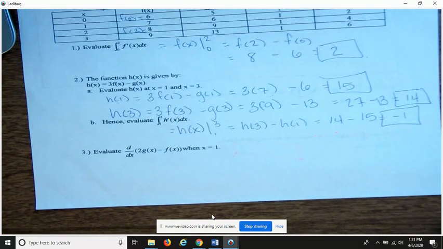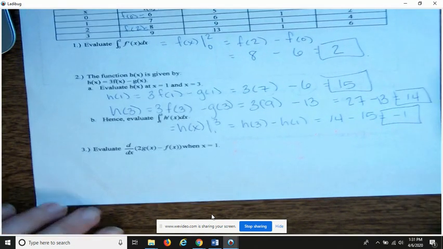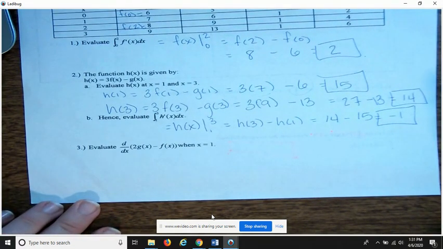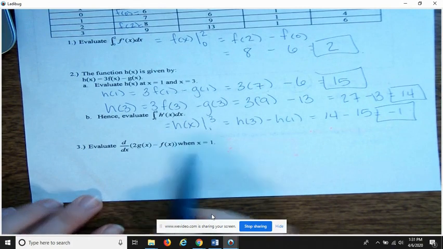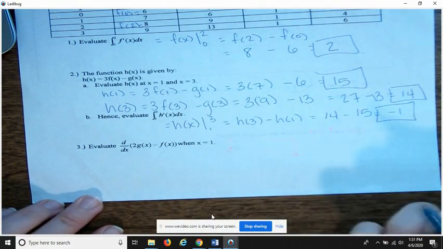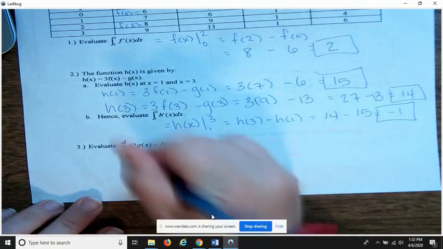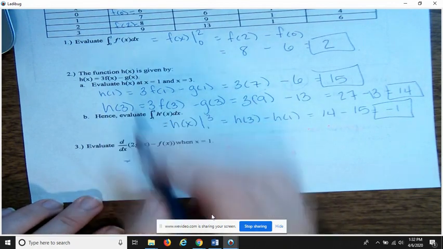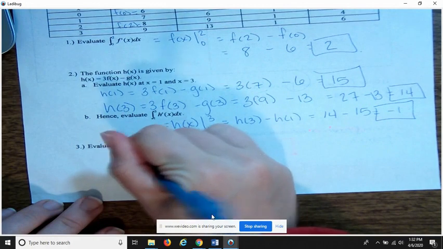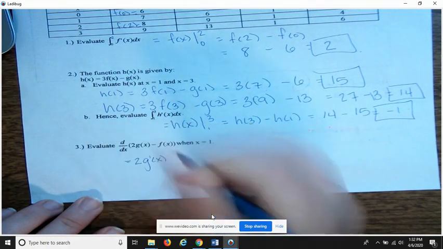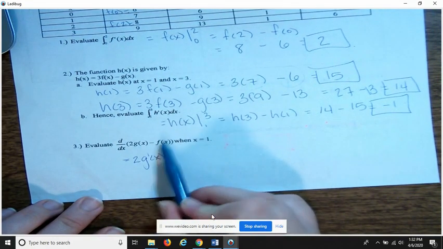Okay. And lastly, it says evaluate the derivative of this thing when x is 1. So the first thing we want to do is look at what the derivative would be. If you have a coefficient in front of a function, you just leave the coefficient there. So it's going to be 2g prime of x. And if you're adding or subtracting, you just take the derivative of the next thing.